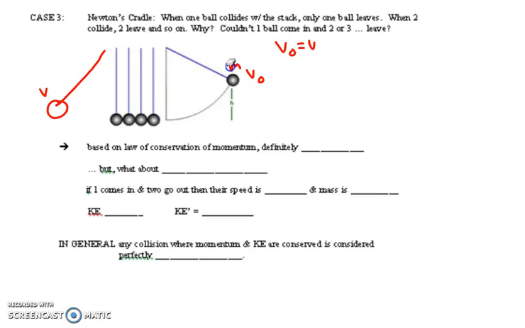What's kind of remarkable about that, something that is not clear, is why does 1 come in, why does 1 go out? If 2 come in, why do 2 go out? Why couldn't we have 1 come in and 2 go out with half the speed? In other words, from a conservation of momentum standpoint, if we come in with a mass of m and a velocity v, why couldn't we have 2m go out with half the velocity, such that we get the same momentum?